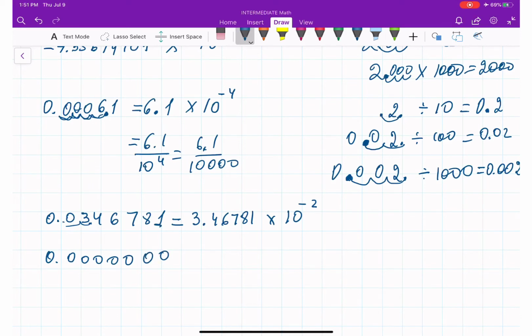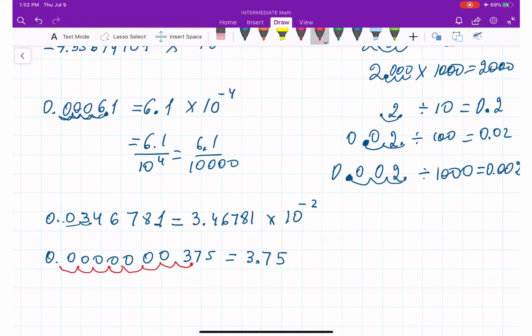0.0000000 and then 375. Okay, so I have to write down 3.75 because I cannot write down 37.5. It's going to be greater than 10. 3.75, which is going to be here. So now let's see how many digits we are going to go back. 1, 2, 3, 4, 5, 6, 7, 8.